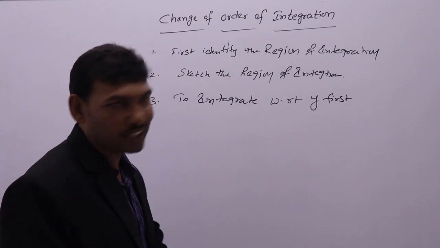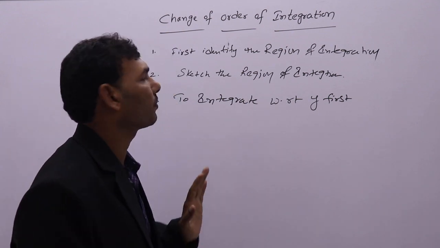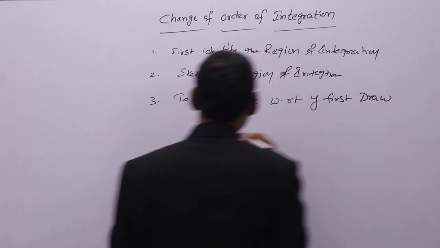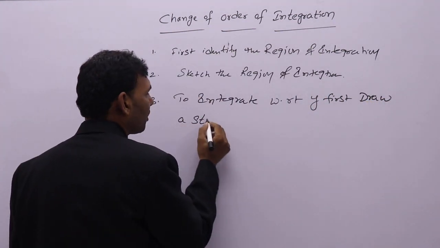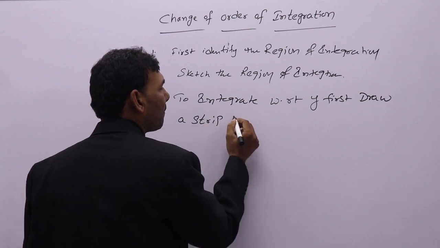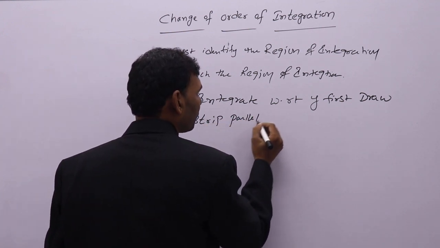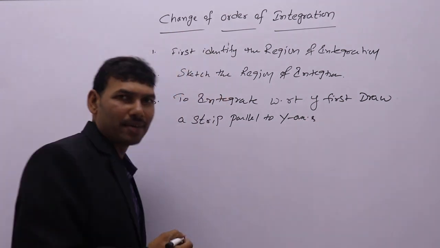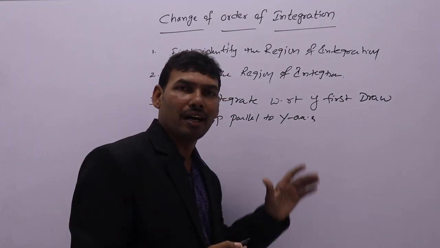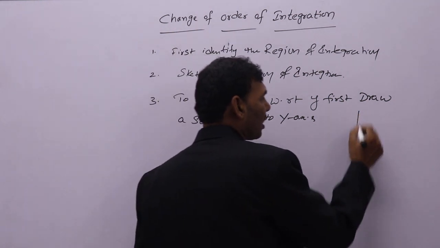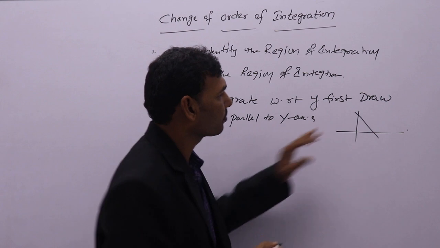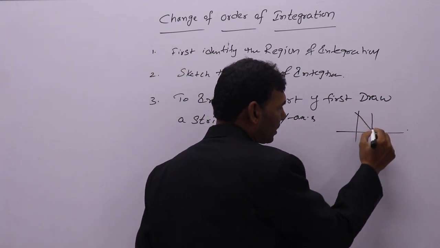To integrate with respect to y first, draw a strip parallel to the y-axis. In the intersecting region, for example, if you have a region like this, this is the intersecting region, and here is the x equal to 0 line.